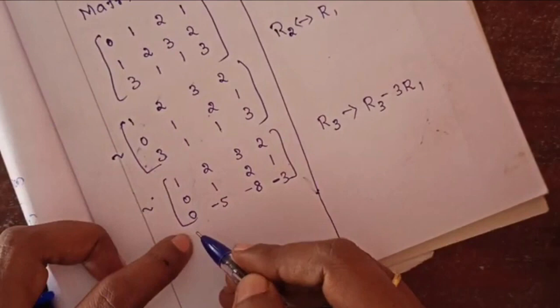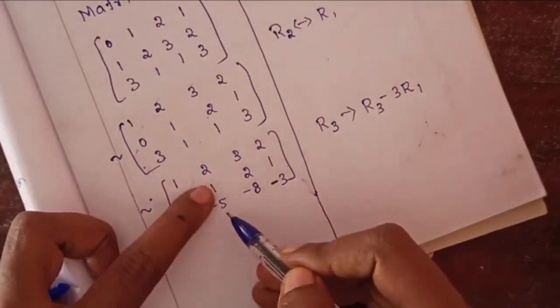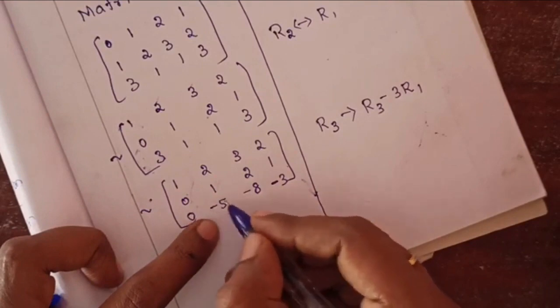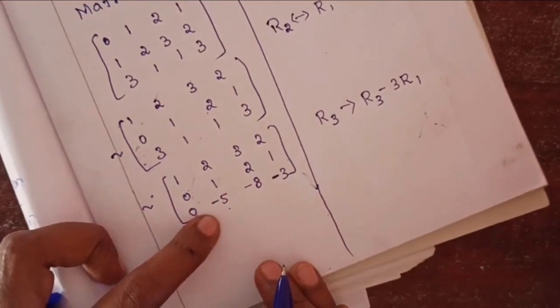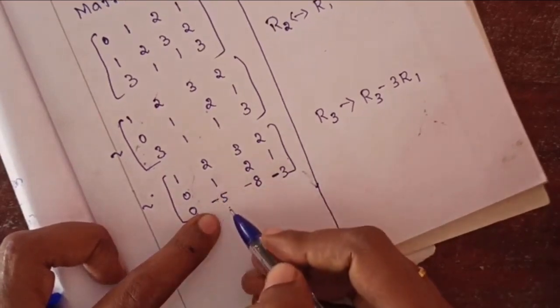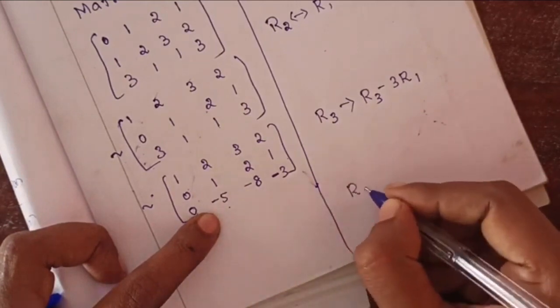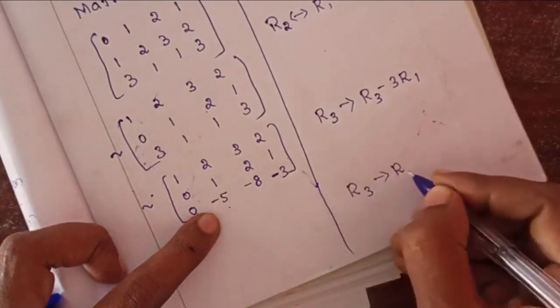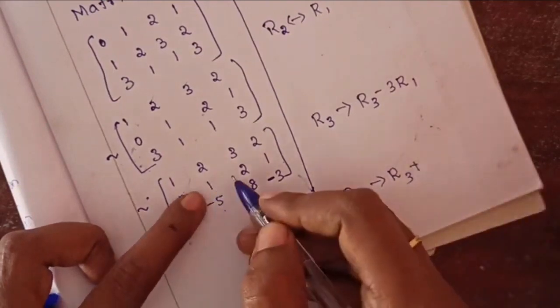Okay. Then next, now this column. The next one is a number, so the down entry must be 0. You keep it in mind, you need to make this minus 5 as 0. Then only this particular matrix will change to echelon form. So how will you make this minus 5 to 0? R3 implies R3 plus 5 into R2.